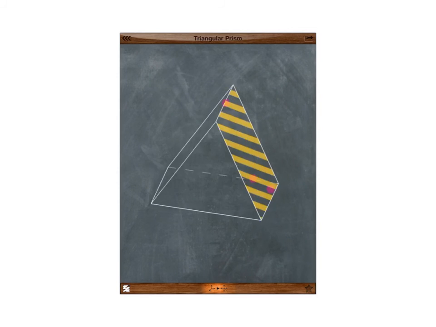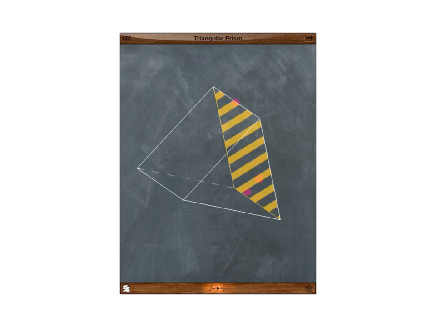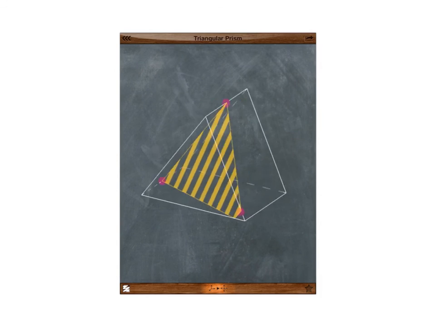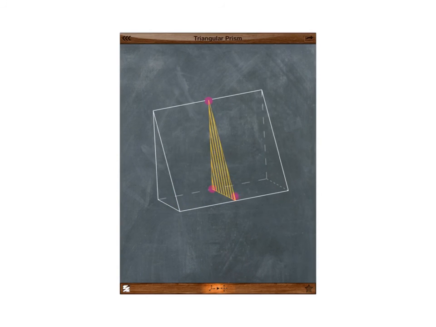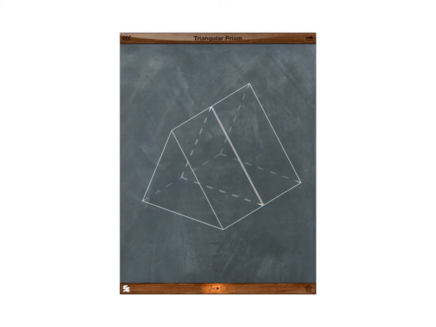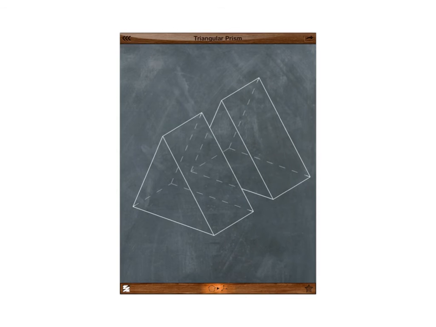It's not going where I want. I want you over here. There we go. So now, if I cut that slice of cheese straight down the middle and I pulled it apart, that would be a triangle.